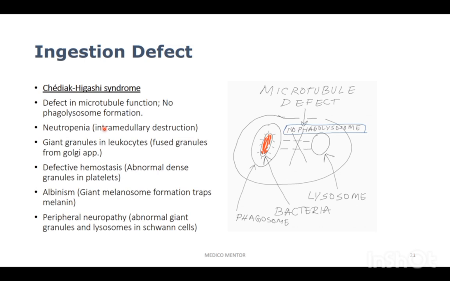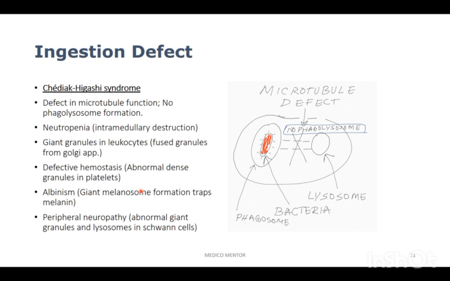because these people have intramedullary destruction of the neutrophils and giant granules in leukocytes because the granules fuse from the Golgi apparatus. We can have defective hemostasis because there are abnormal dense granules in platelets. There is albinism because there is formation of giant melanosomes, and these giant melanosomes trap the melanin.